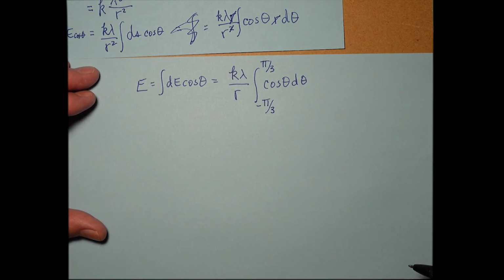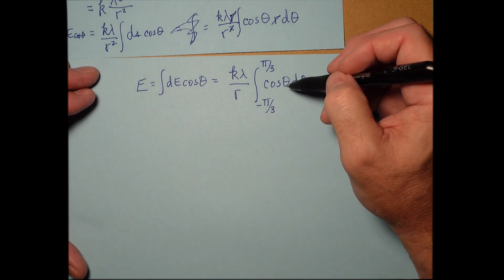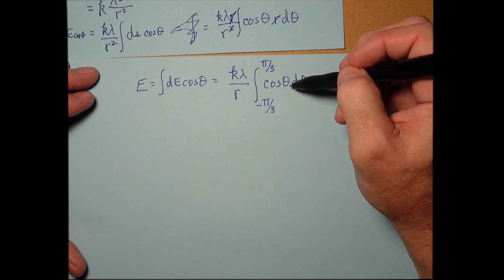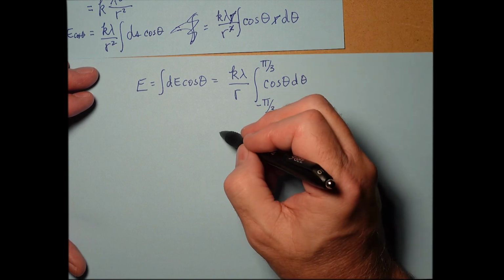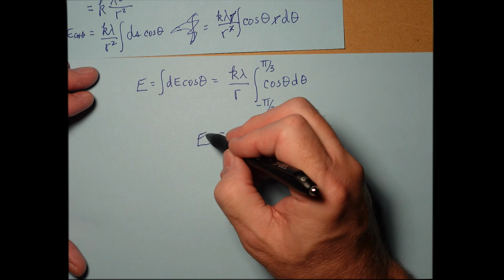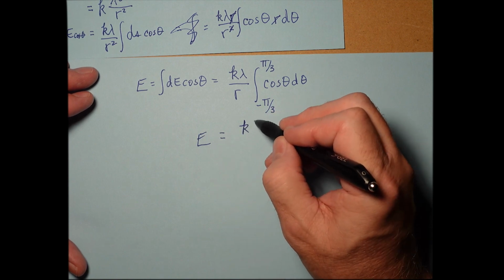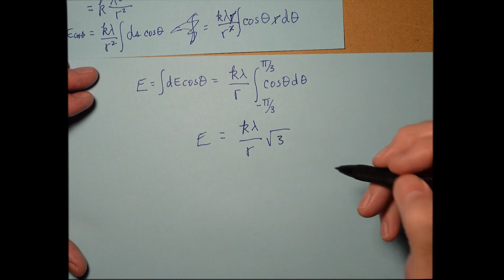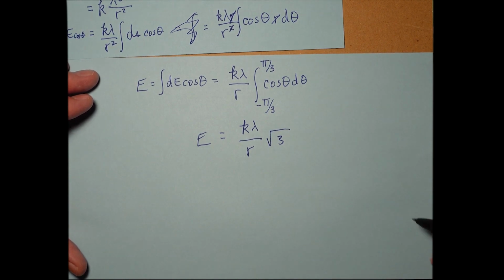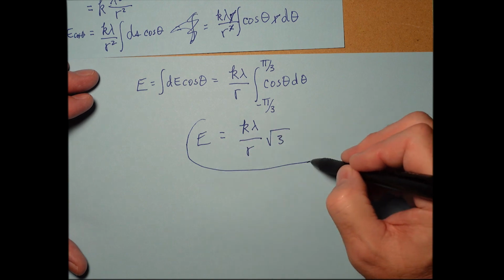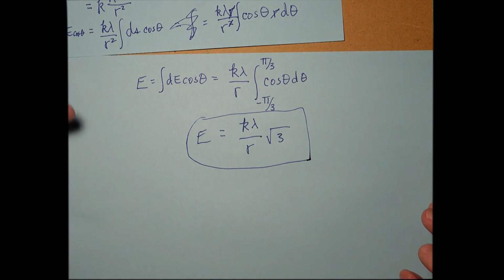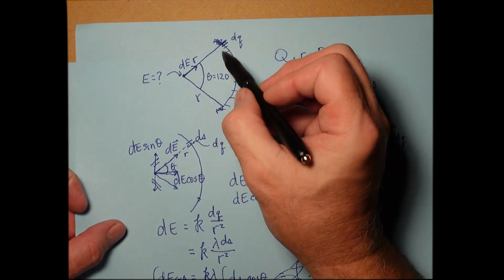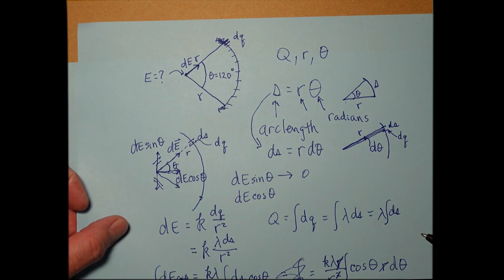Now do the integral. That should be one that you can do in your head. That's going to be a sine, plug in the limits, and here's what you end up with. E is k lambda over r times the square root of 3. And there is our answer for the electric field at that point for a 120 degree arc.